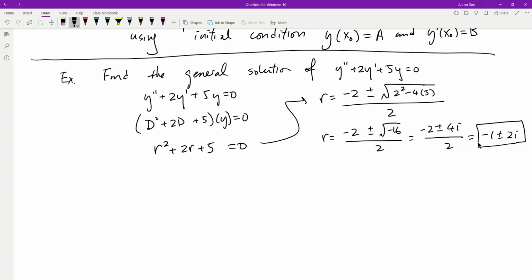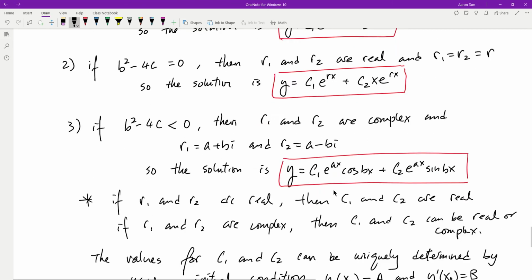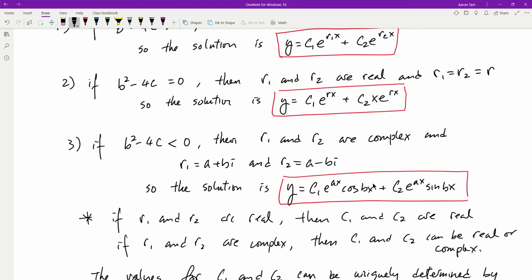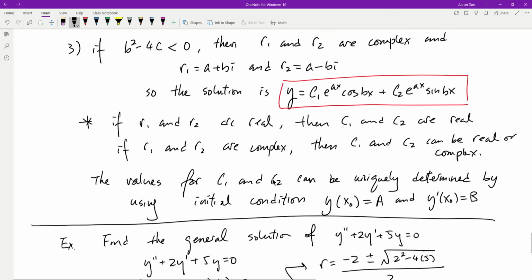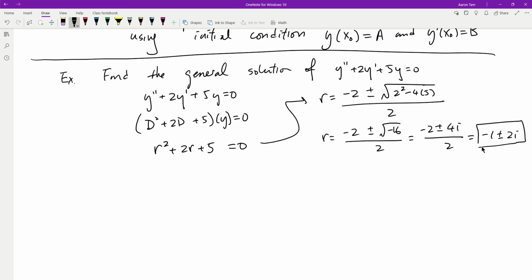So now what should the solution be? Well, simple. When I try to write out the complex characteristic root general solution, all I need is to identify the a and the b value. Notice that I can think of r1 and r2 as a plus or minus bi. And so the a and the b would be, in our case, negative 1 and 2.